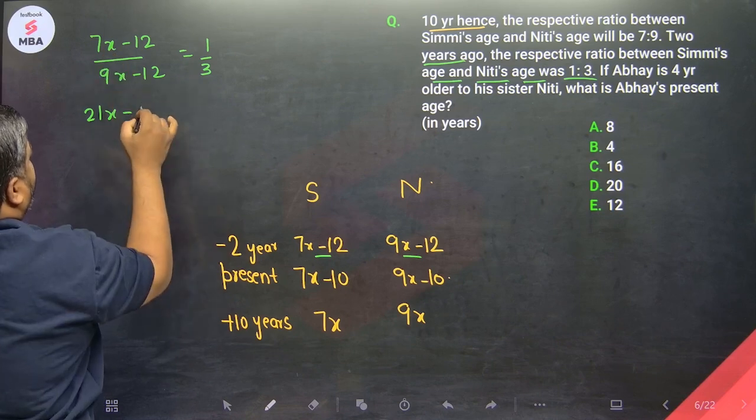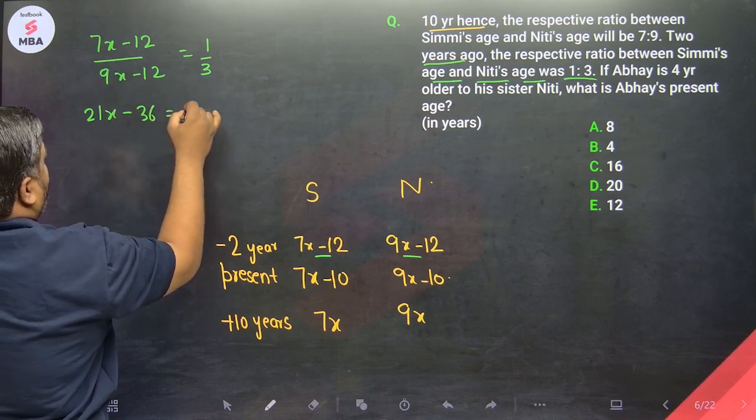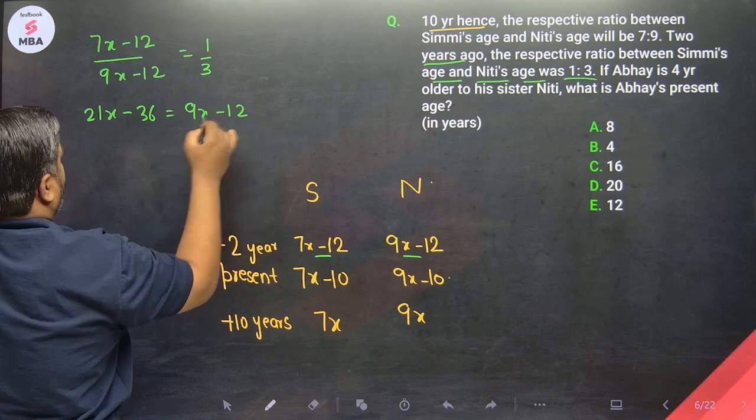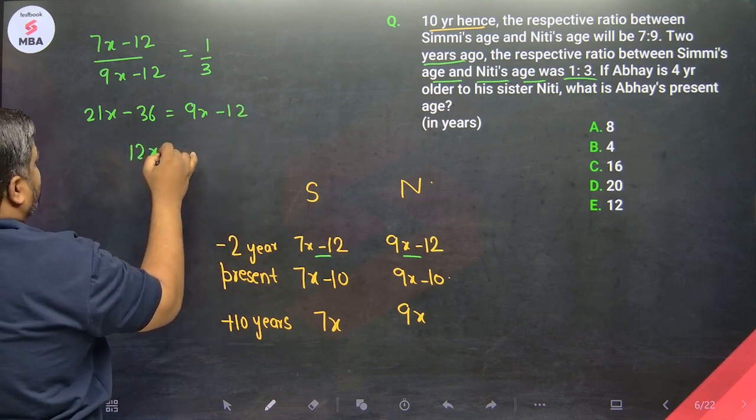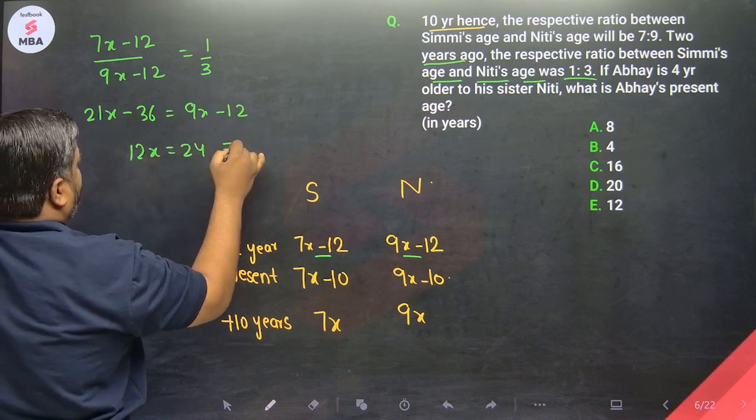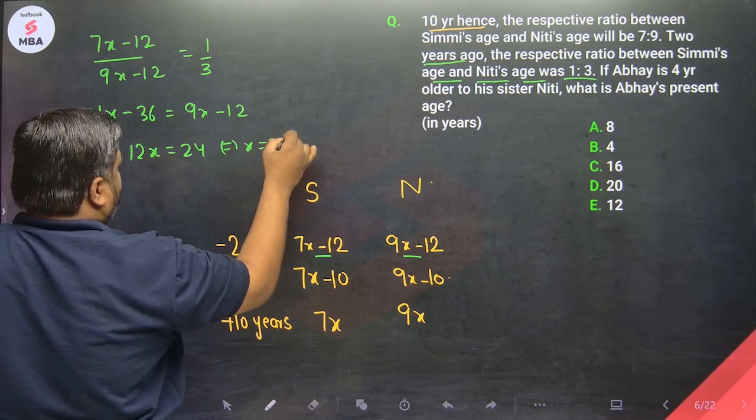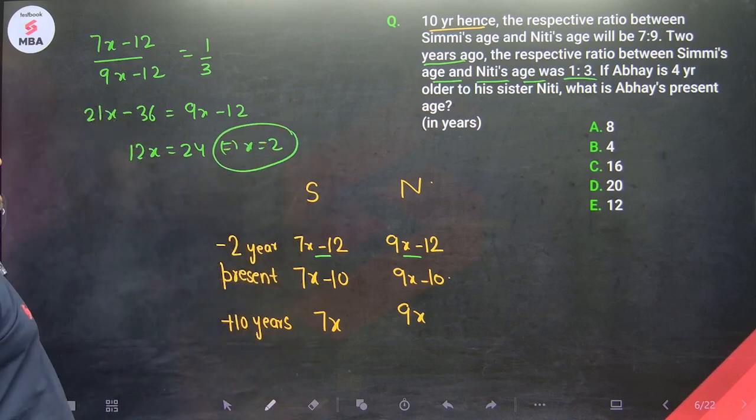This is 21x minus 36, and this is 9x minus 12. So this gives me 12x as 24, which gives me x as 2.